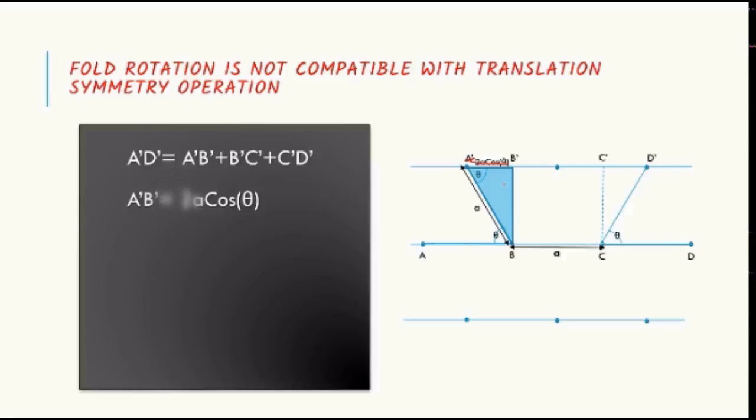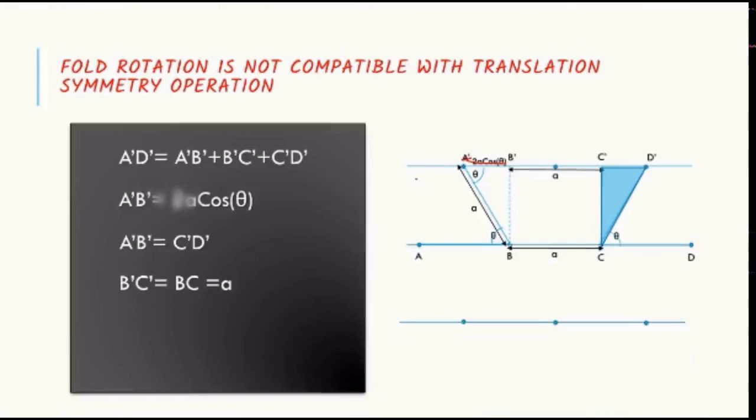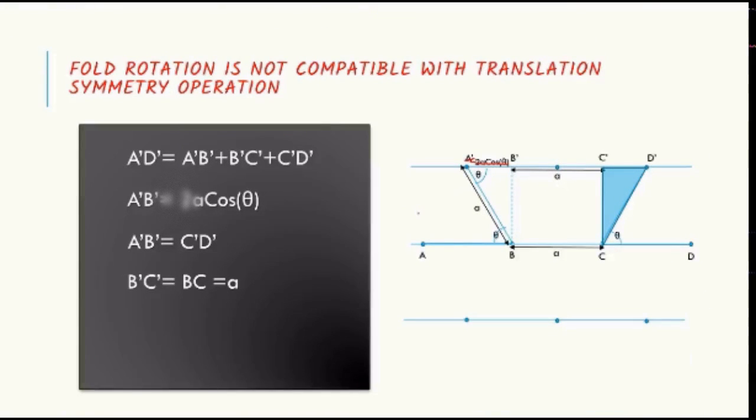The lengths A prime B prime and C prime D prime are equal due to congruency of triangle A prime B prime B and D prime C prime C. From all these, we can conclude that A prime D prime is the sum of BC and twice A times cosine of angle theta, or we can say that A prime D prime is the sum of A and twice A times cosine of angle theta.